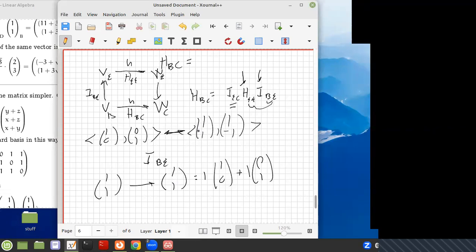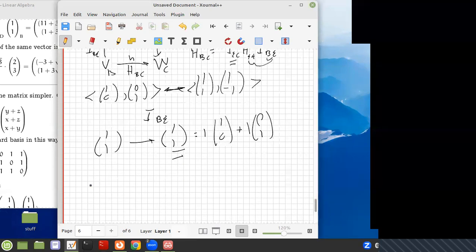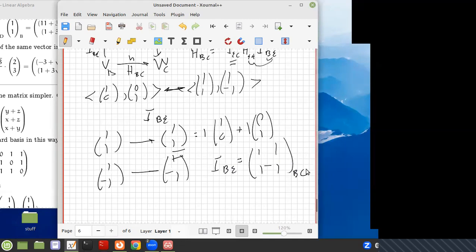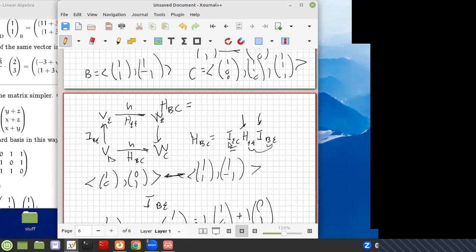It's a little bit confusing because I've given you these bases in this. So this is it, because we're in the standard basis. Then I want (1, -1), which goes here to (1, -1). So I_BE equals the matrix with columns (1, 1) and (1, -1).